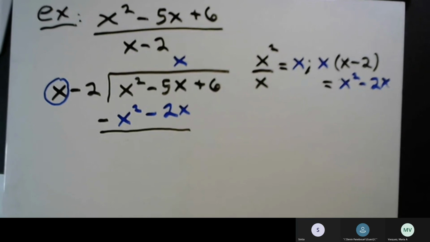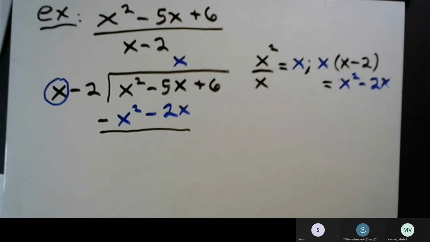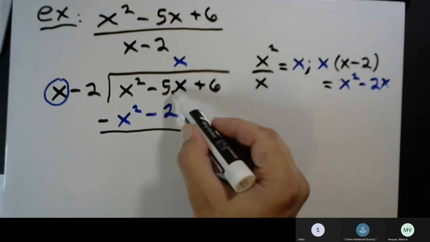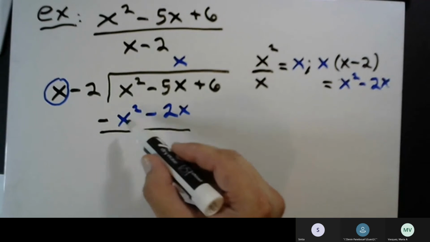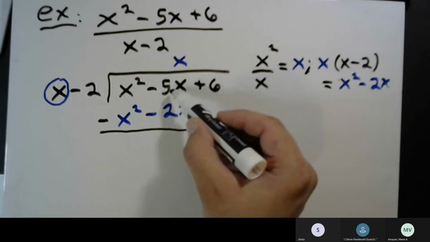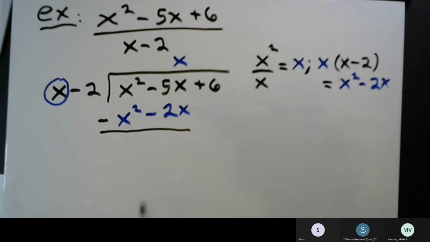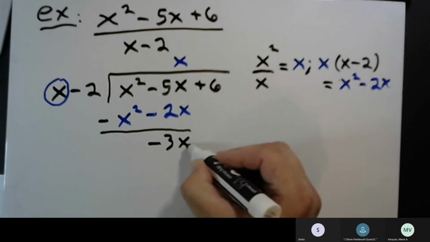And then we're going to subtract. Now, x squared minus x squared is 0. Now, negative 5x, subtract a negative, this will become a double negative. So this becomes negative 5x plus 2x. So we're going to get negative 3x.